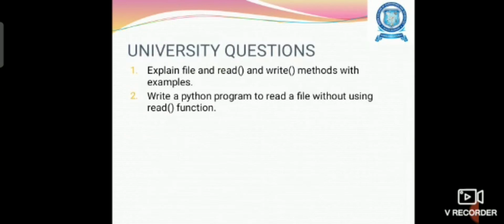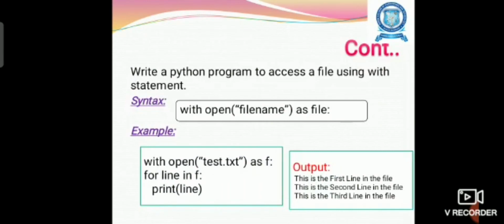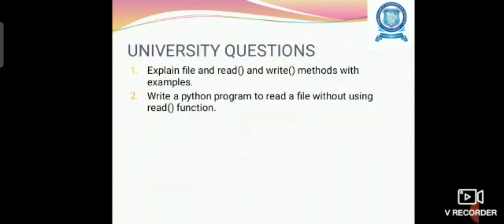And now we can see the possible university questions in this topic. Explain the file read and write methods with examples. So again we have to explain the read and write methods with possible coding examples. For every concept we have to write program examples.